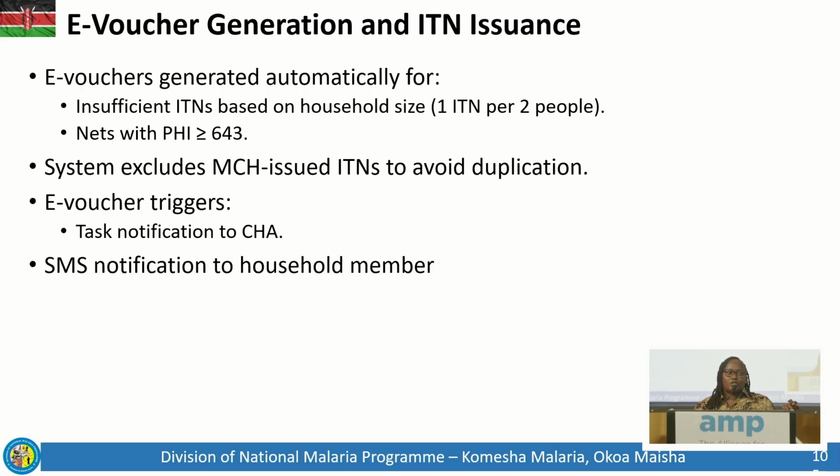It is excluded for MCH-issued ITNs to avoid duplication, and then that triggers a task notification to the community health assistant at the facility so that if the household member comes, they are able to visualize them and issue them a net at the link facility. And then there was an SMS or notification to the household member on the location they're supposed to go and pick their net, which was mainly the link facility nearer to them.